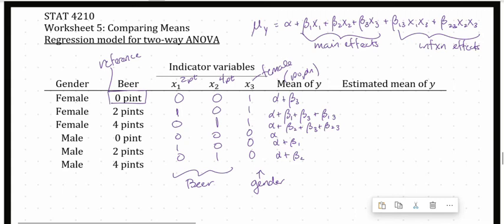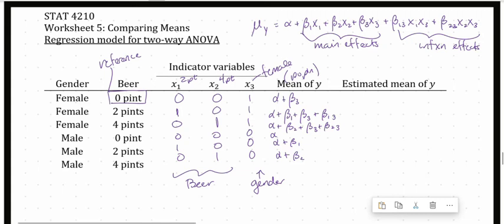And we have a beta 1 up here for females with 2 pints of beer versus no pints of beer, so that's consistent too. So we're interpreting our slope effects here the same way we would do it for multiple regression, but it's a little bit easier to think about how they contribute to our means.